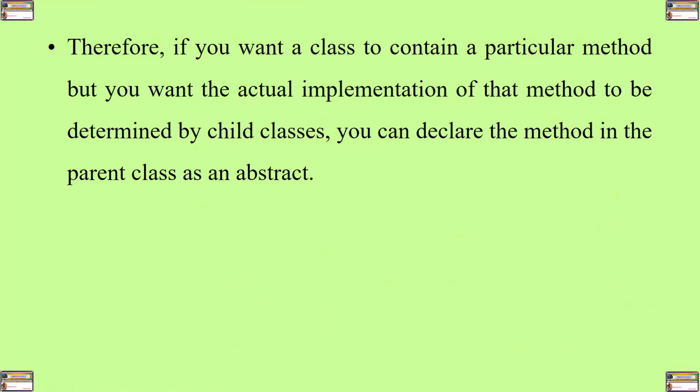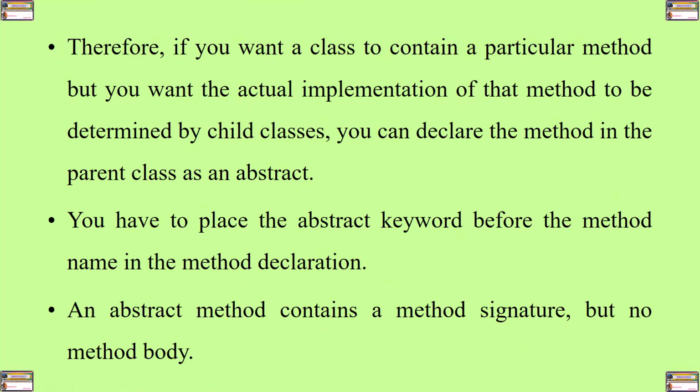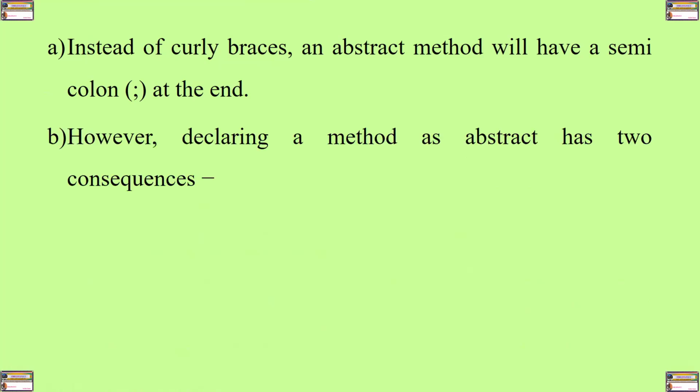Therefore, if you want a class to contain a particular method, but you want the actual implementation of that method to be determined by child classes, you can declare the method in the parent class as abstract. You have to place the abstract keyword before the method name in the method declaration. An abstract method contains a method signature, but no method body. So, instead of curly braces, an abstract method will have a semicolon at the end.